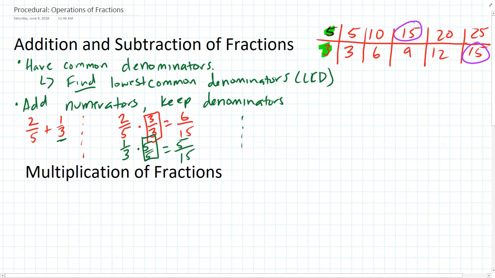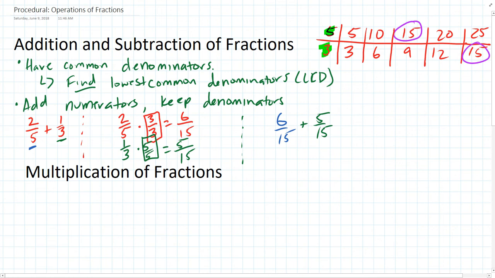So I'm going to go ahead and rewrite our addition as now 6/15. That was the 2/5, plus 1/3. Oops, not 1/3, I'm sorry. We're rewriting the 1/3. So 6/15 plus 5/15. Okay, that was the 1/3.